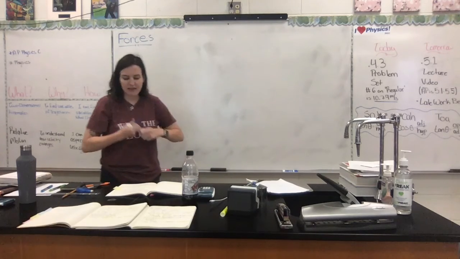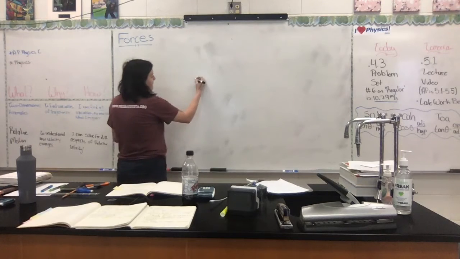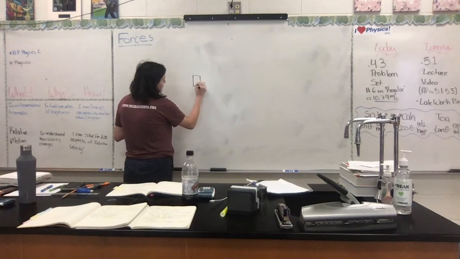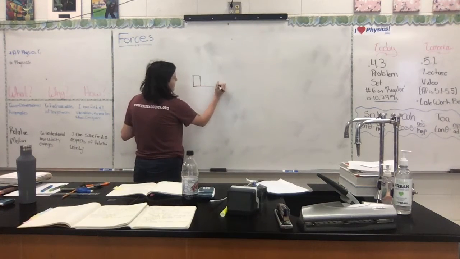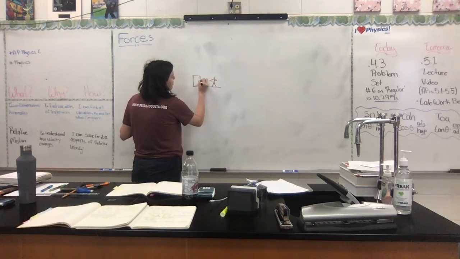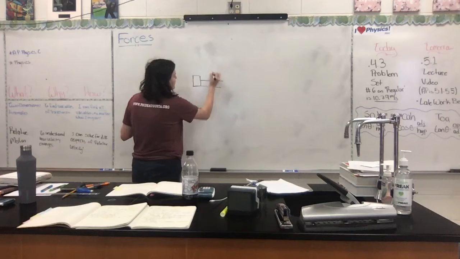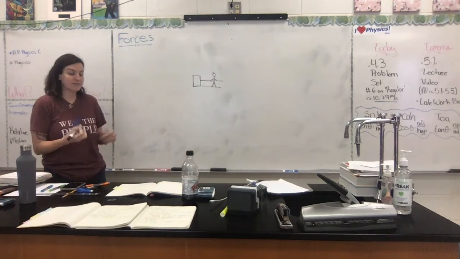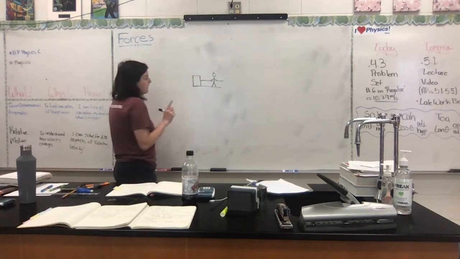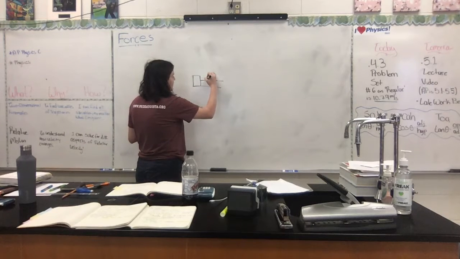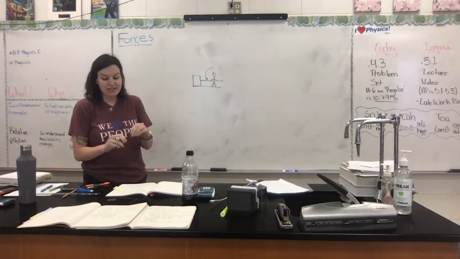The first thing we're going to think about is if we have a box and we have someone over here who is pulling on a rope that is attached to a box, all right? Well, first things first, we're going to recognize that the rope is that agent that's acting on it.